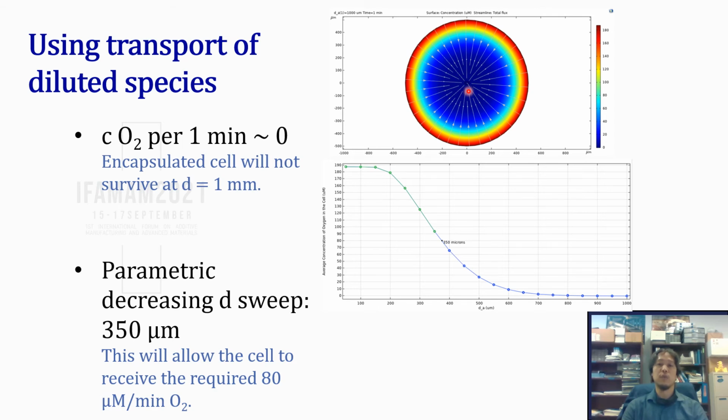Hence, the cell won't survive. Using parametric sweep, where the diameter of the alginate is decreased, it was found that 350 microns is the maximum that can support the concentration of 80 micromolar per minute of oxygen required by living cells.